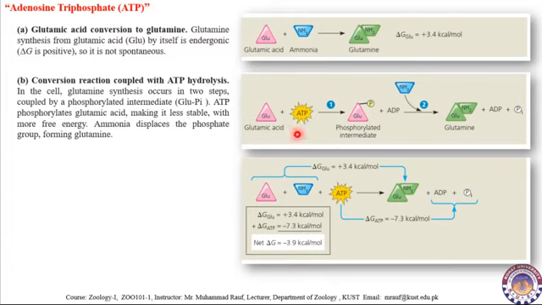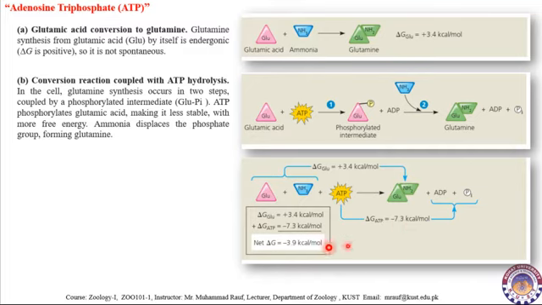So you can see here, the input of energy required for this process is 3.4. So it is an endergonic reaction, and because ATP was hydrolyzed in this process, the ATP released that much energy. The hydrolysis of one ATP molecule releases that much energy.